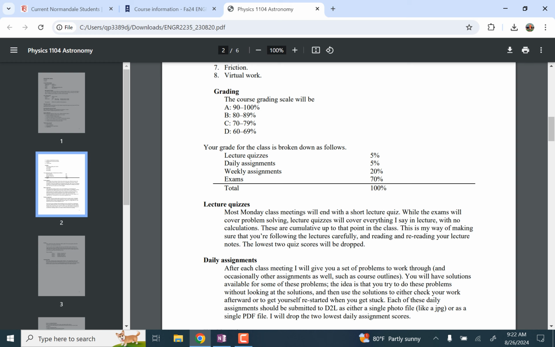If I totally had my preference, exams would not be weighted that heavily. But since COVID, there's been this explosion of online resources, and it's easy now to go online and find solutions to any problem you want.